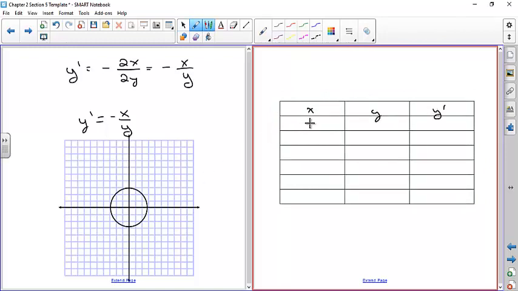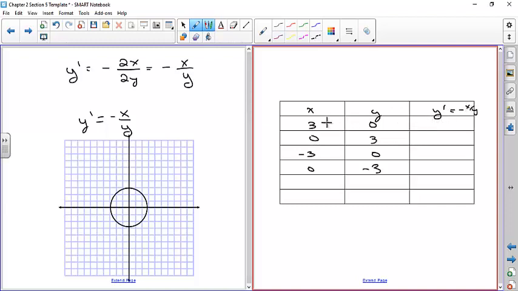So one point is 3 comma 0. That's this point. One point is 0 comma 3, which is this point. Then you have negative 3 comma 0, which is this point. And then you have 0, negative 3. So those are the points that are on the curve. And y prime is negative x over y.